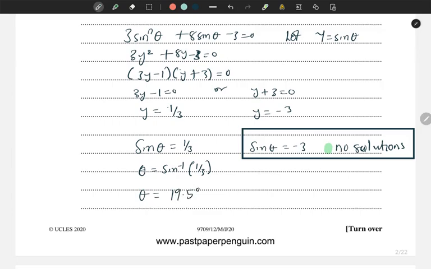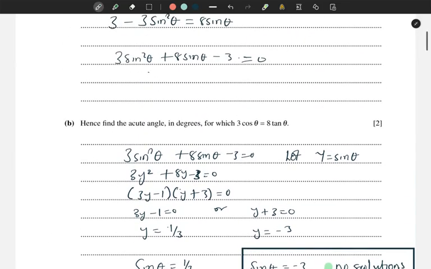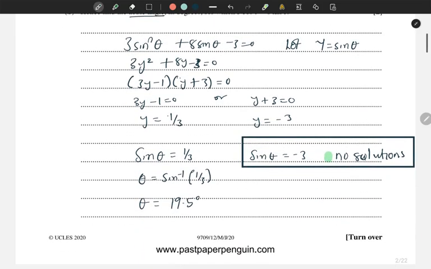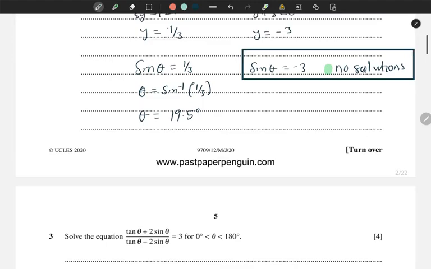Mind you, there are other angles that give us 1 over 3, but we are strictly asked to find the acute angle. So the only acute angle we can obtain is 19.5 degrees.